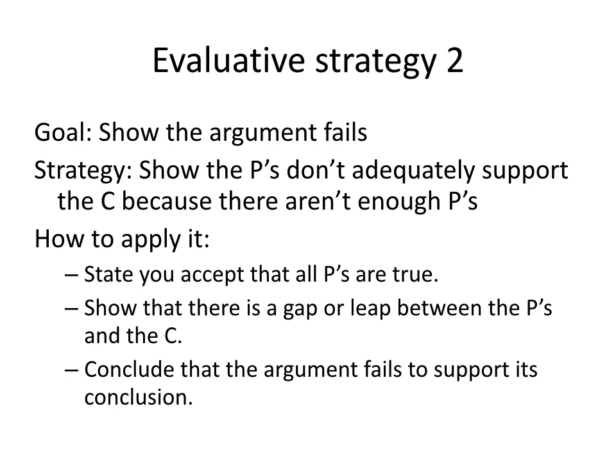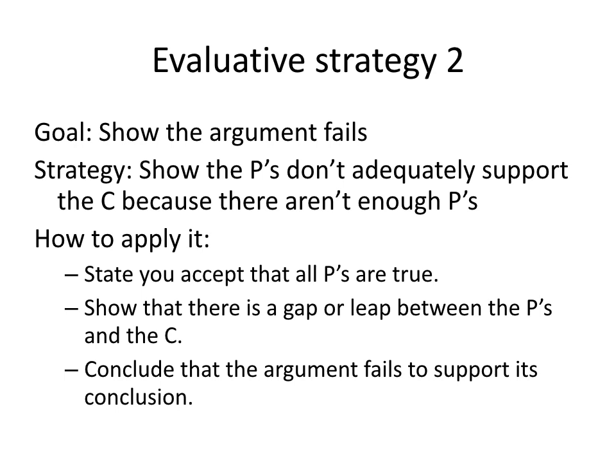There's another strategy that you can use. I'm calling this evaluative strategy 2, and you would want to use this strategy when all the premises are true, but they still don't support the conclusion. In order to apply this strategy, you first, in step 1, state that you accept that all premises are true. You can also say, suppose for the sake of argument that all the premises are true.